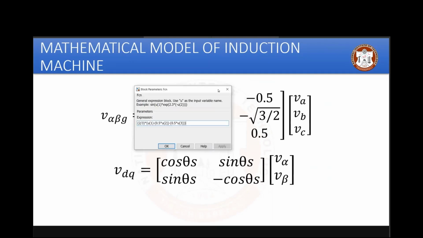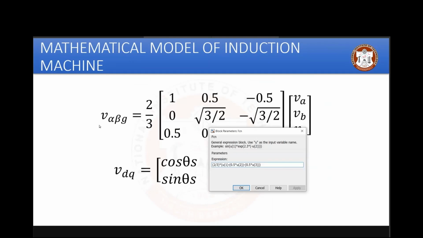And as you can see, I've just written this equation, 2 by 3 for alpha conversion, 1.5 and minus 0.5. It's actually minus 0.5, I forgot to write.